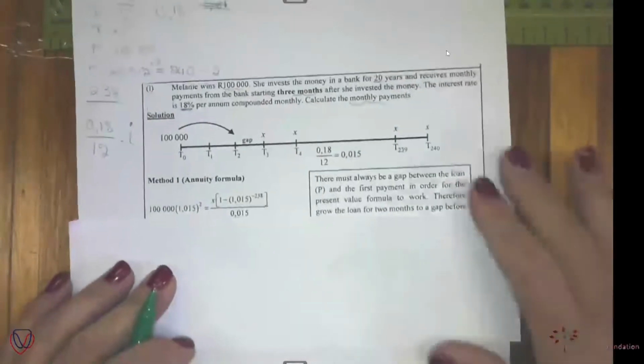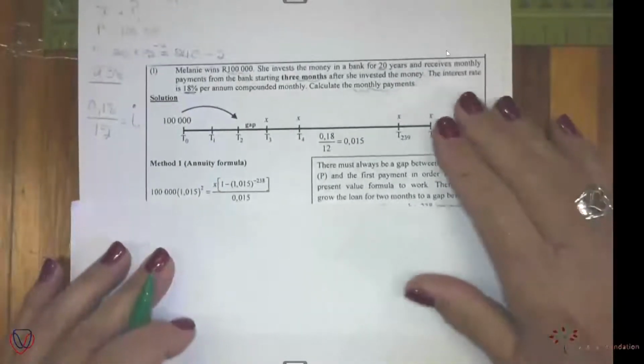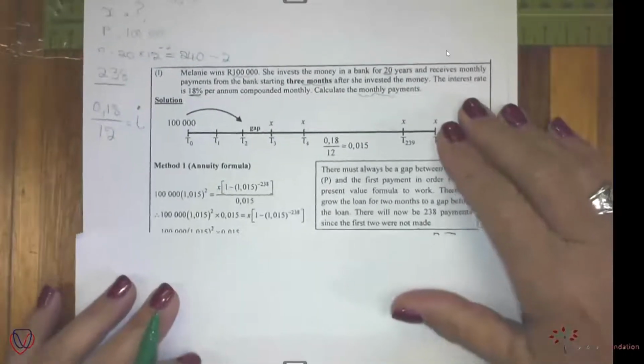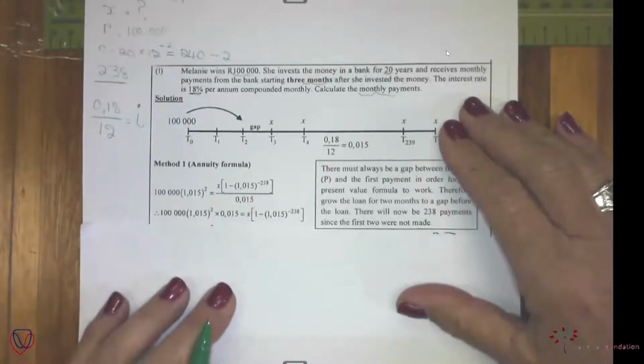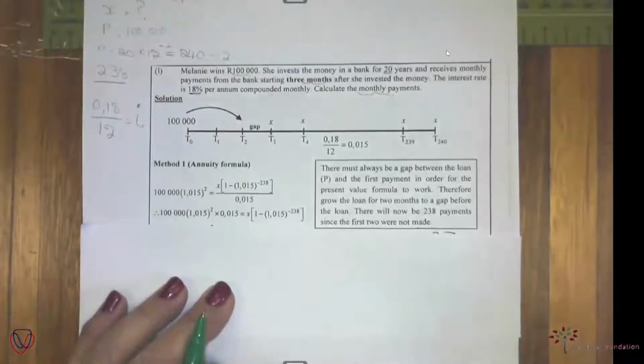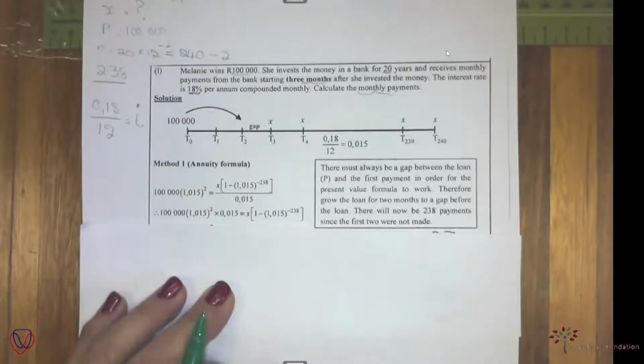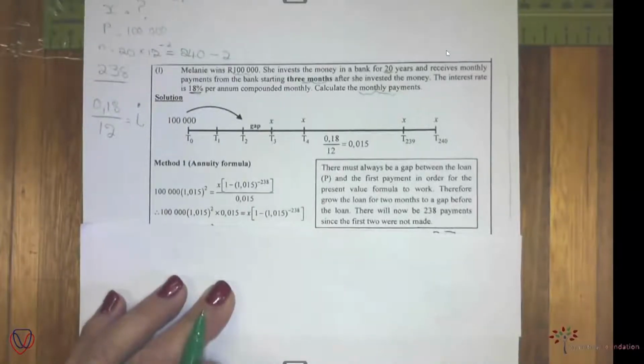So now I've got everything ready, and I decided to use the P formula. I always say the P formula for present value and the F formula for future. The future formula you only use when you invest a certain amount every month. Then you use the F formula to find out what will I have in 5 years' time.